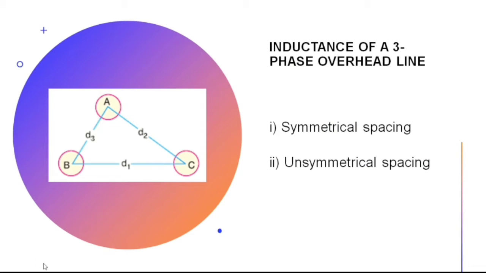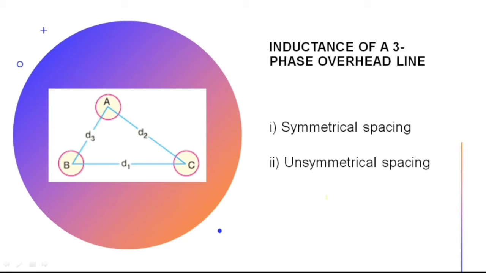Then after this, in the inductance of 3-phase overhead lines, we have two arrangements of these overhead lines: one is symmetrical spacing, and the second is unsymmetrical spacing.